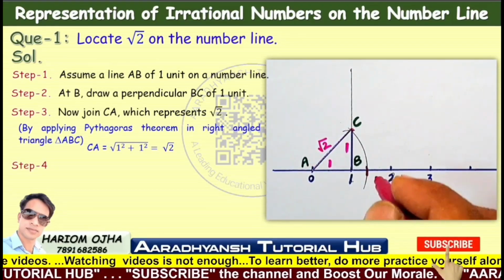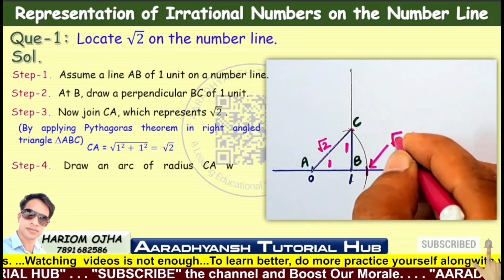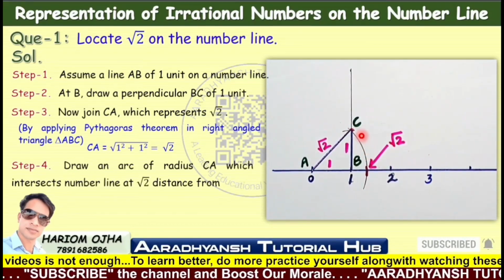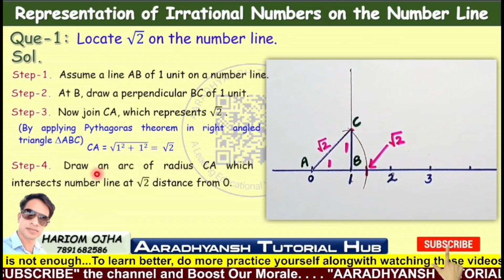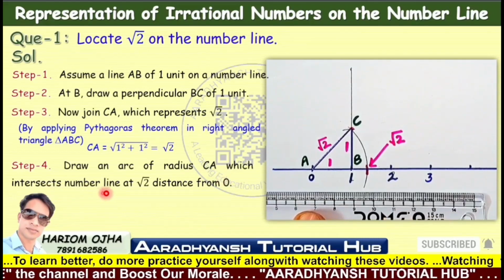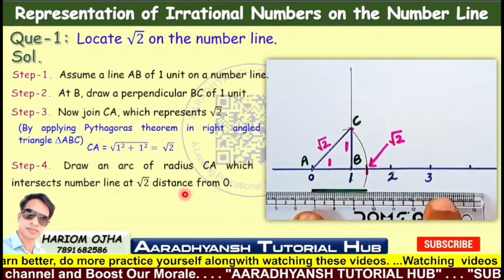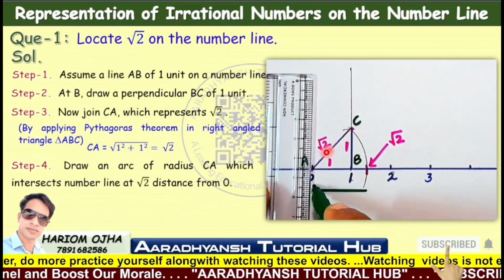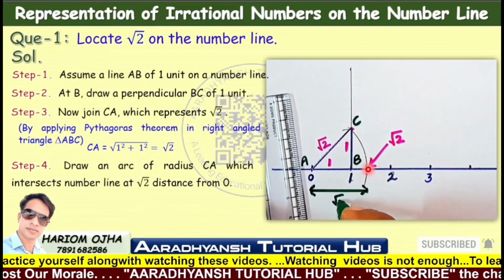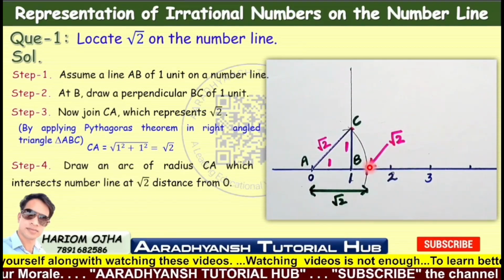And after that, the next step, we draw an arc of AC. Here we take an arc radius of CA which intersects the number line at square root of 2. So here we take this arc and put this arc on the number line. Here we will get square root of 2.